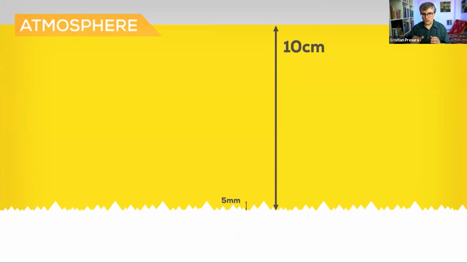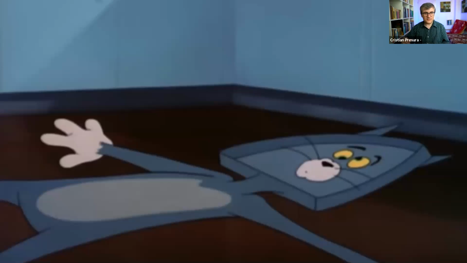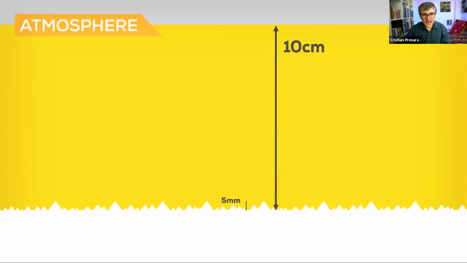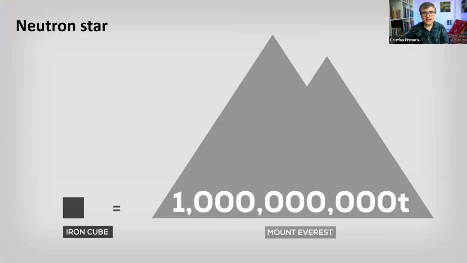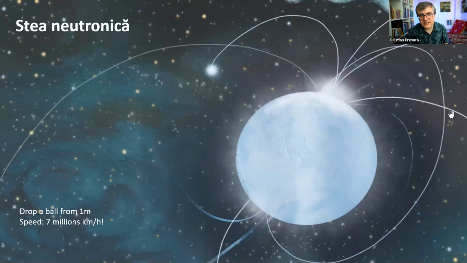I have this very nice picture of Tom: if he sits on the neutron star, he's just going to be flattened. That's why the mountains here have heights of about 5 millimeters. These are the mountains of the neutron stars.